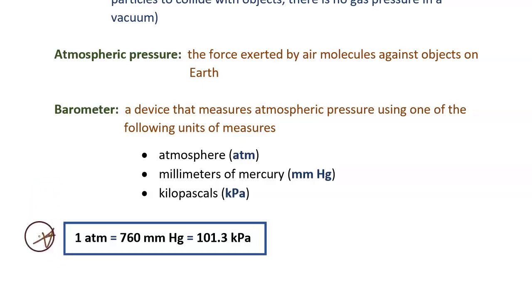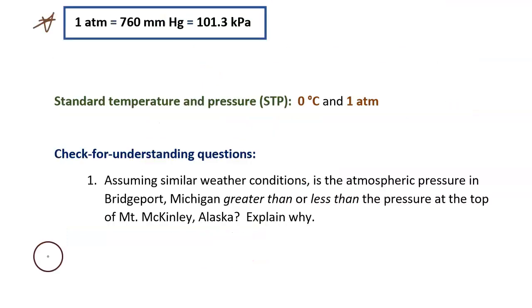Here are the equivalencies. 1 atmosphere of pressure is equal to 760 millimeters of mercury, which is equal to 101.3 kilopascals. In this chapter, we'll encounter a concept called standard temperature and pressure, which is abbreviated STP. Standard temperature is 0 degrees Celsius. Standard pressure is 1 atmosphere.